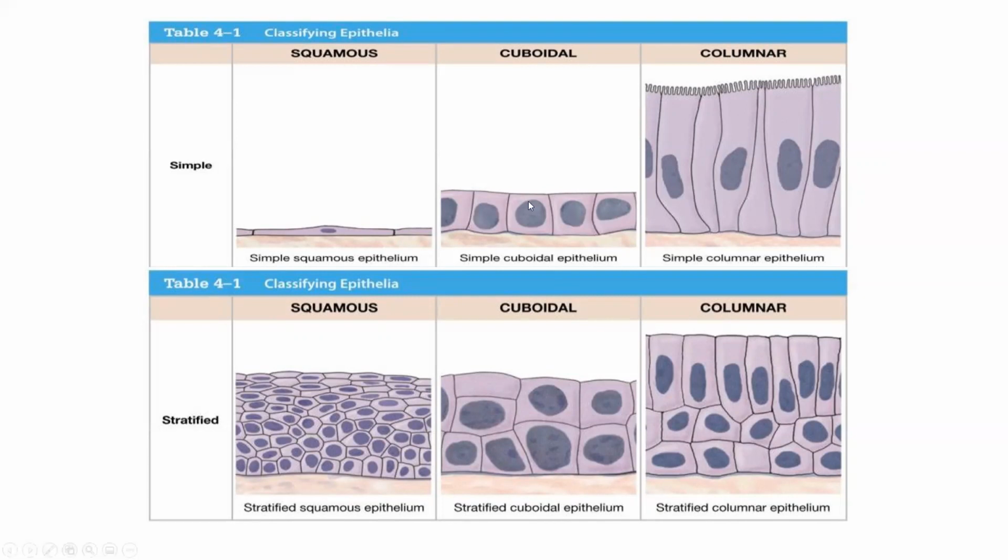Just because epithelial cells can vary in shape and size, it may be difficult to identify how many layers if we are looking at just shape and size of the cells. If you track the nuclei, it'll be a lot easier to determine whether you're looking at just one layer or if there are more than one layer in the epithelial tissue.